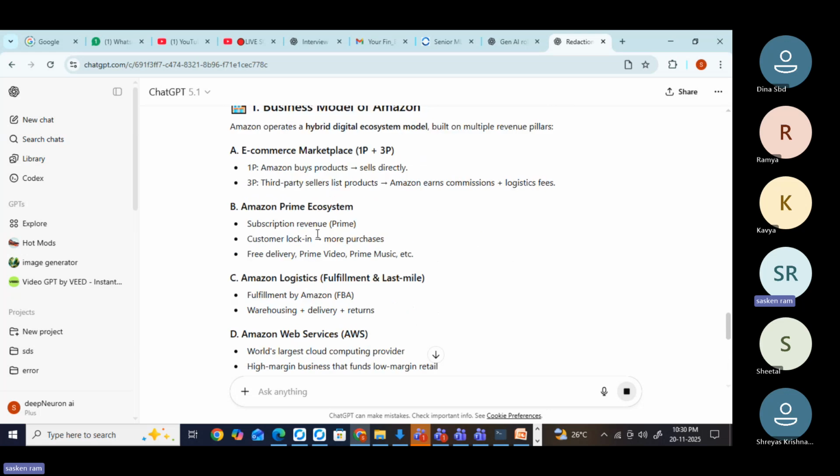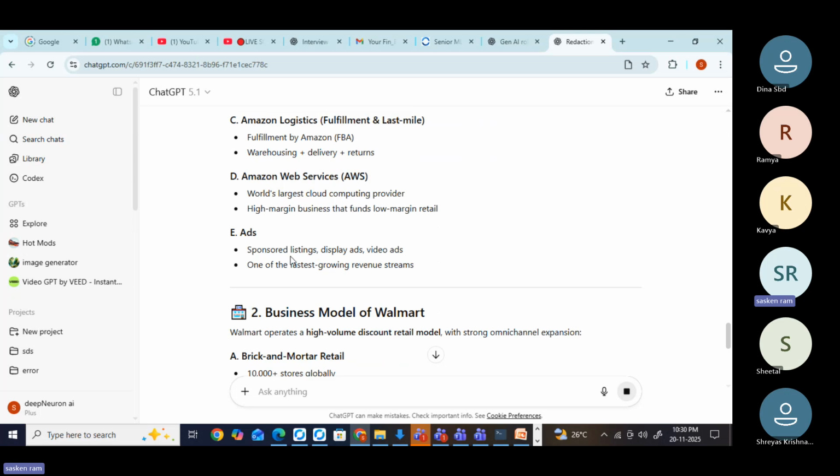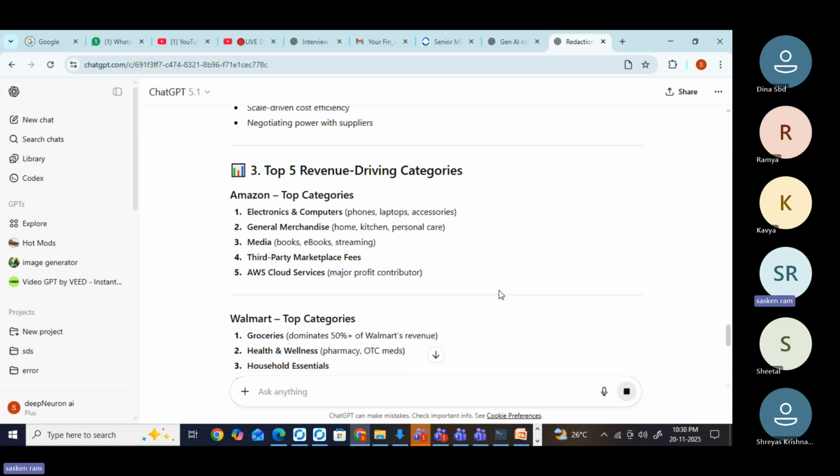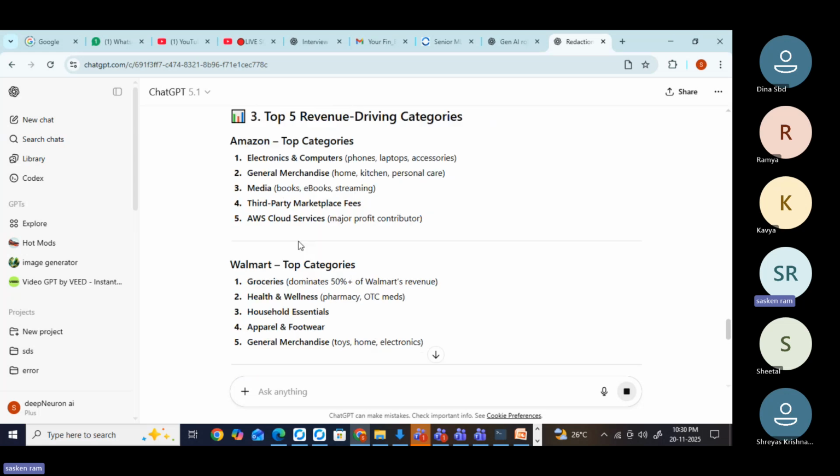Okay, Amazon Prime ecosystem, Amazon logistics, everything. And business model, a brick and mortar, right? So here, now they have e-commerce presence, but they have a very big brick and mortar retail, big shops will be there, okay? 10,000 stores are there globally, everything is there. And top 5 revenue driving categories: electronics, computers, Amazon.